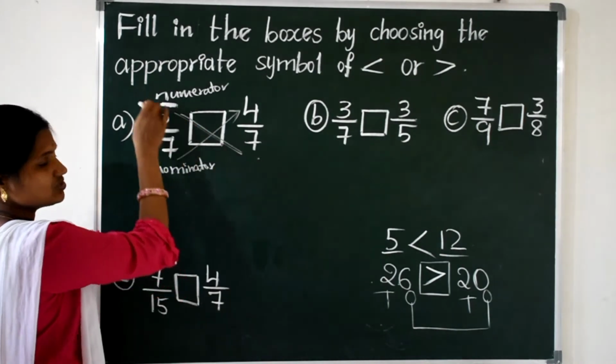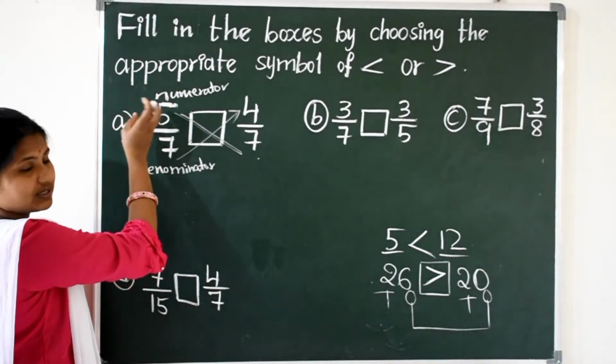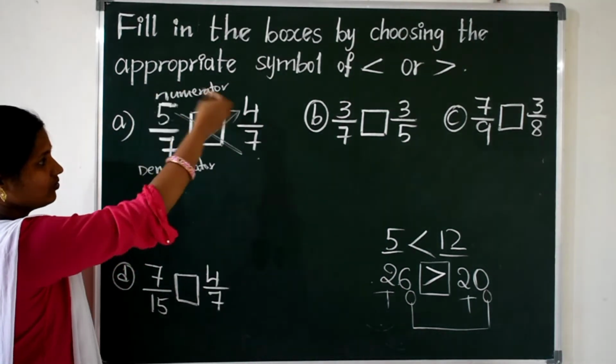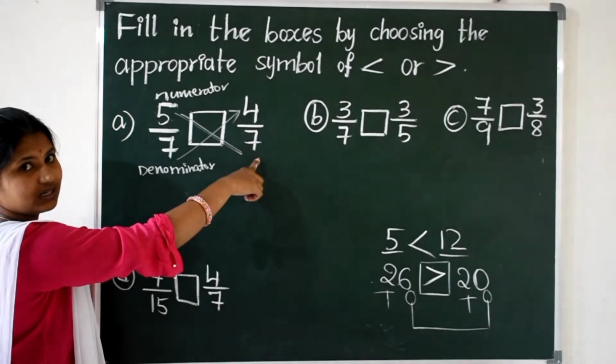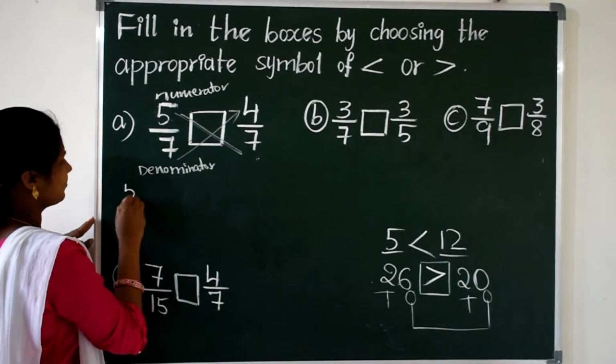Cross multiply means first numerator. Whatever the numerator is there in the first fraction, multiply that numerator with second denominator. So that is 5 into 7.